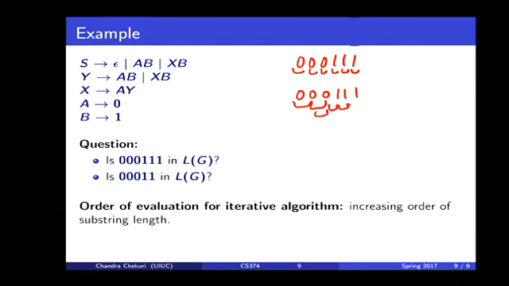The interesting ones are 0 0, 0 1 and 1 1. Those are the three distinct substrings. Who derives 0 0? Does A derive 0 0? To check whether A derives 0 0, we figure out a split of 0 0 into two parts.